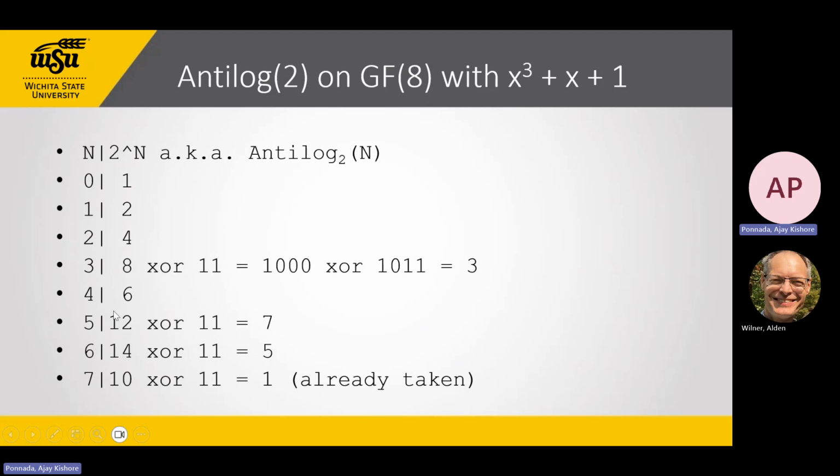And if it again is equal to or greater than 8, we'll just XOR it with the primitive polynomial, and we'll do it until we see some repeated values. Here we got 1 repeated, so we'll stop building there and just repeat it. For 8 it's going to be 2, for 9 it's going to be 4, and so on. So this is how we build a Galois field table using a primitive polynomial.